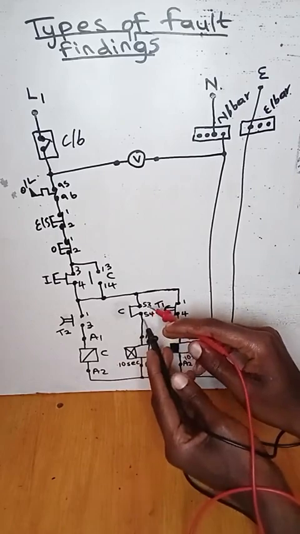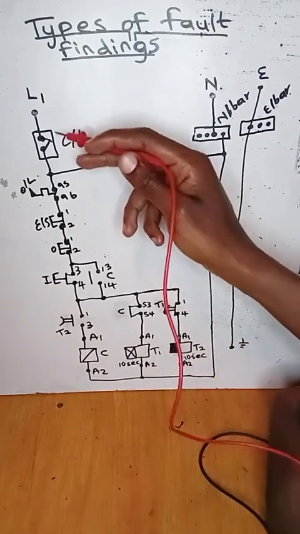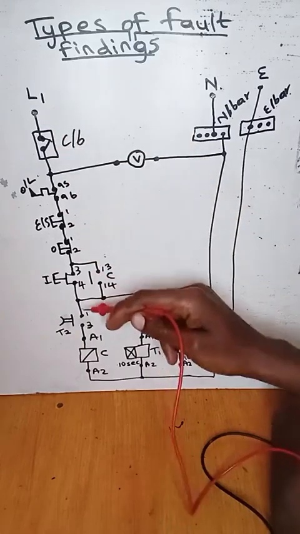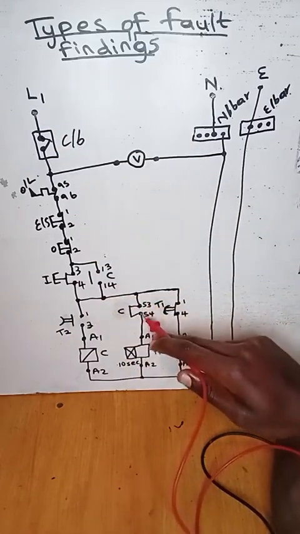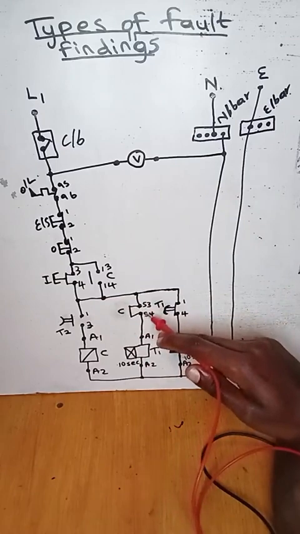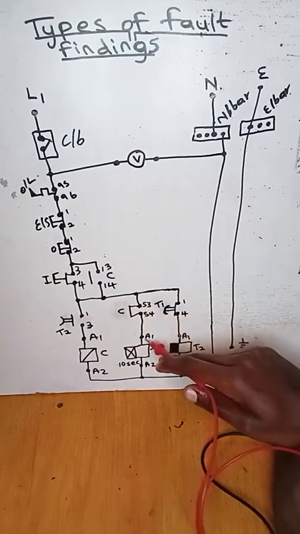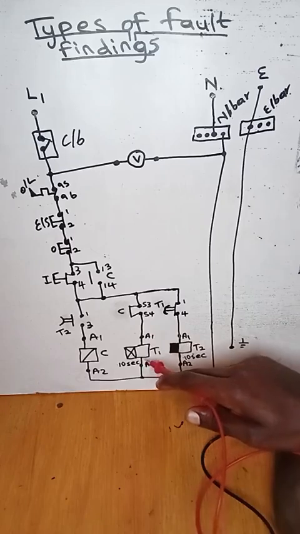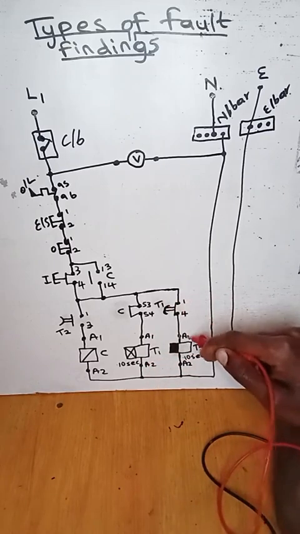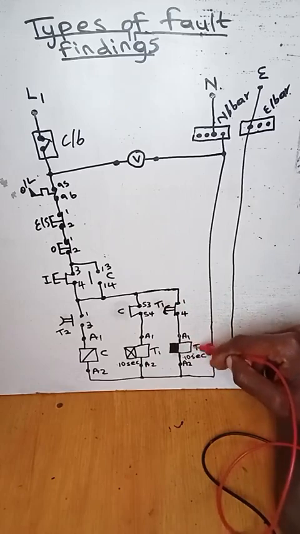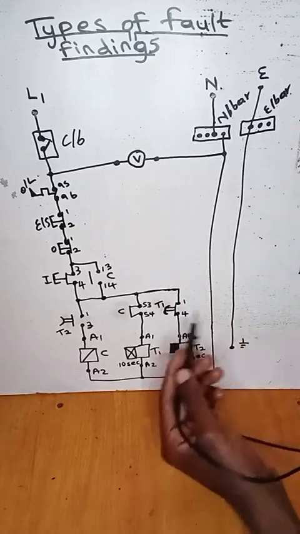And when it has created a closed contact, it means right now our live starts from here, ends here, and will pass through the closed contact of a contactor all the way to the A1 of the delay on timer, right?